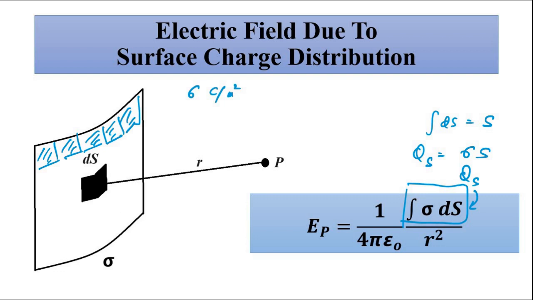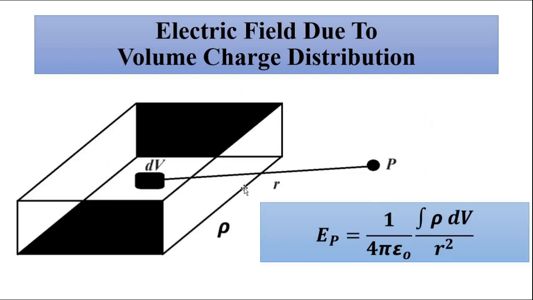Similarly, volume charge distribution, let us say we have a three-dimensional volume with volume charge density rho coulomb per meter cube. Here we take a small volume dv and we have to determine the electric field intensity at a point P at a distance r away from the small element.